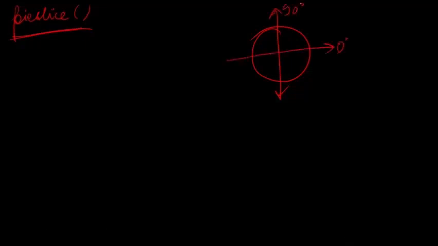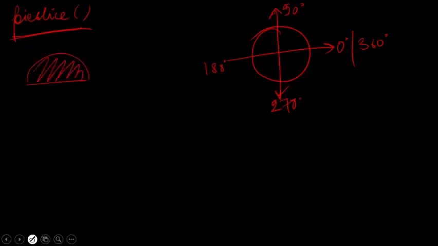Talking about angles, we all know that this is 0 degree, this is 90 degree, this is 180 degree, and this is 270 degree, and again this is 360 degree. Now suppose you want to draw this figure, a colored figure. So you need to know that this is 0 degree and this is 180 degree.